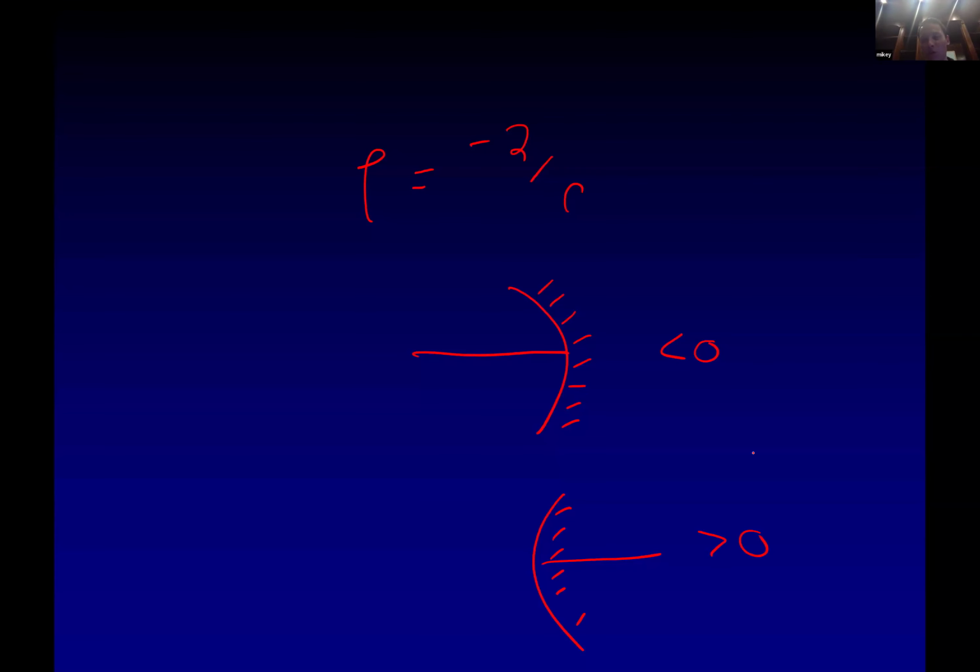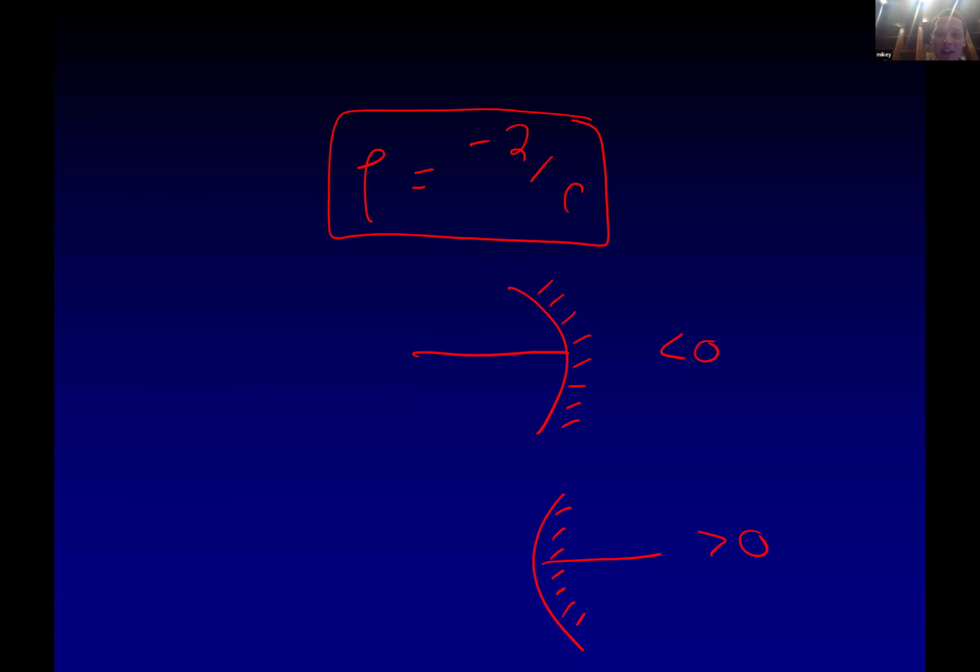I think that convention was set up first, and so because the power of the concave mirror is positive but the R is negative, they had to throw this negative in technically to make the equation work. I used to teach it as just 2 over R and then tell people to look at the type of mirror and use that as positive or negative. The reason I throw the negative in now is because I've seen questions on the OCAP where they ask you for the equation and it has a minus in it.